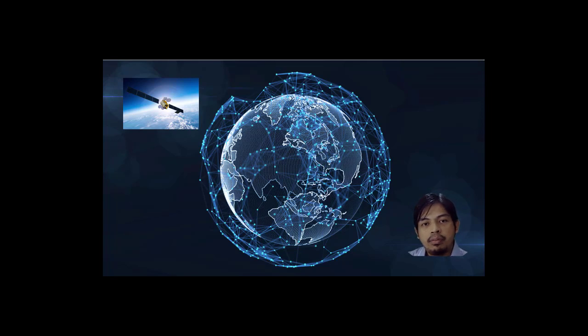For the context of Malaysia, one of the responsible bodies that focus on communication, including internet, is the Measat company, and this is one example of the satellite being used by this company.